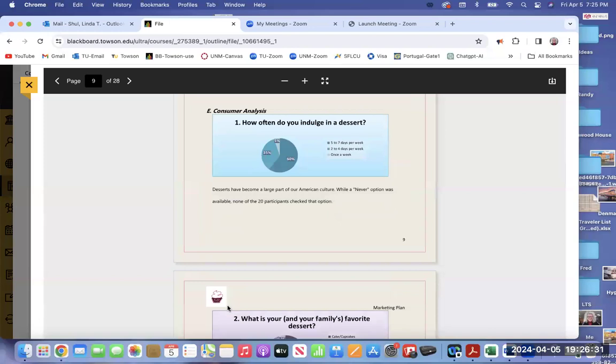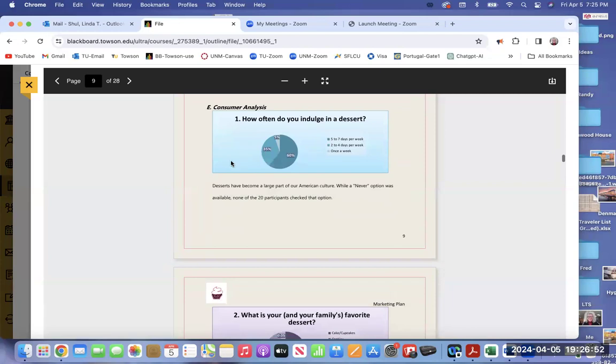It's going to take you the most time, the consumer analysis. See where you're taking your questionnaire and the answers you get, and then you put it into Excel, do percentages, make a little pie chart, copy and paste it, put it into your document. And then I like how they explained it just with one sentence down here.